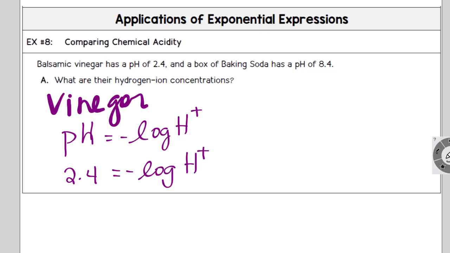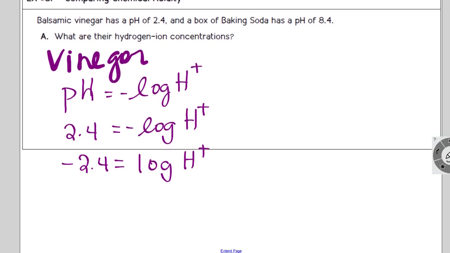Okay, so I can rewrite this. First of all, I'm going to multiply both sides by -1, so I get negative 2.4 equals log of hydrogen ion concentration. And we use our definition to rewrite this as an exponential equation. We've got a base of 10.